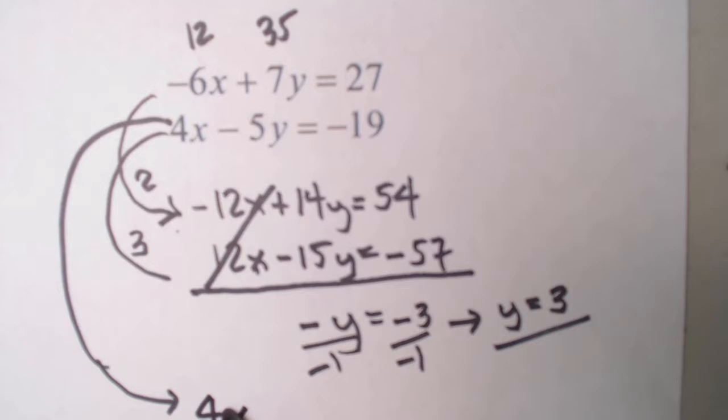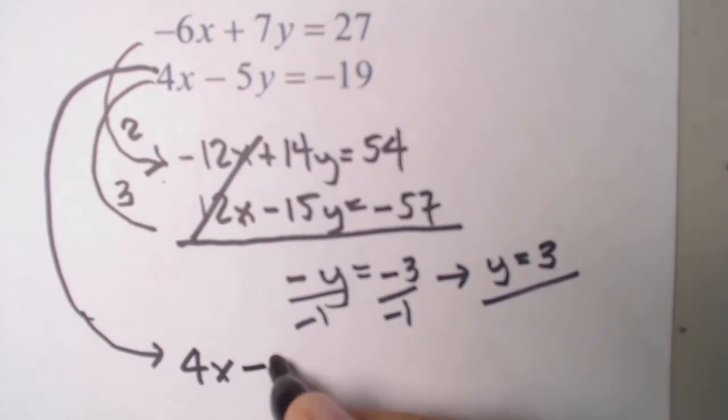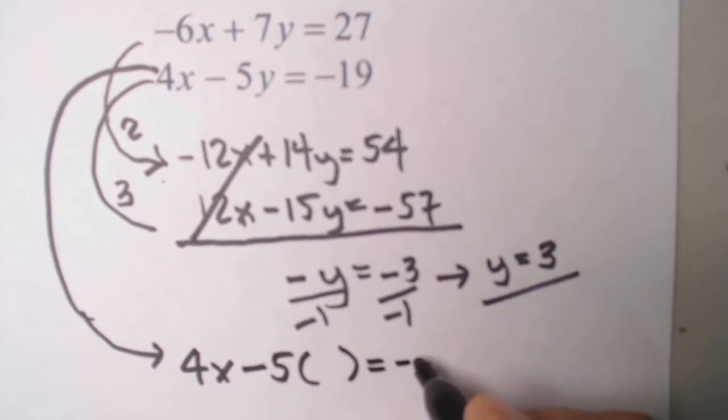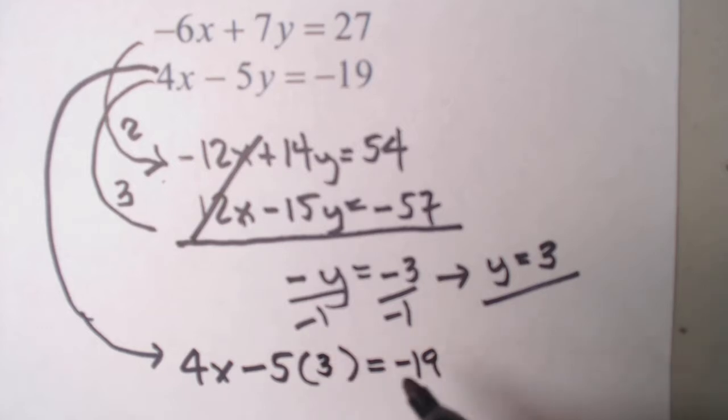So as I rewrite this, it's going to be 4x, okay, minus 5y, well, I'm going to make a hole for the y, so there it is, equals negative 19. Okay, y equals 3.